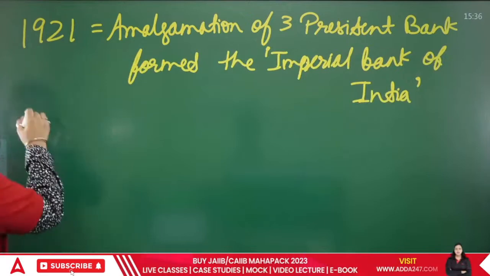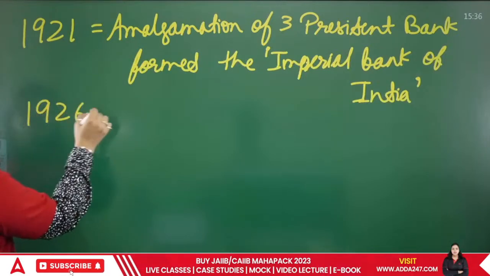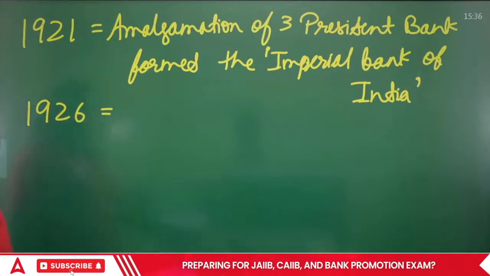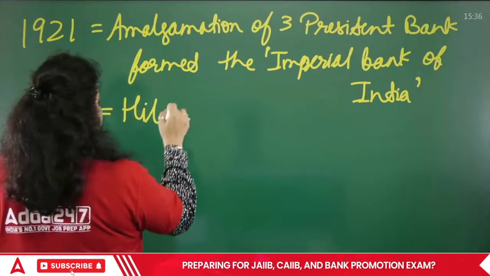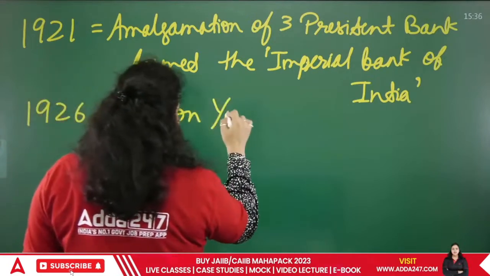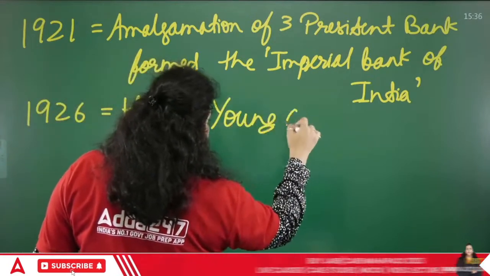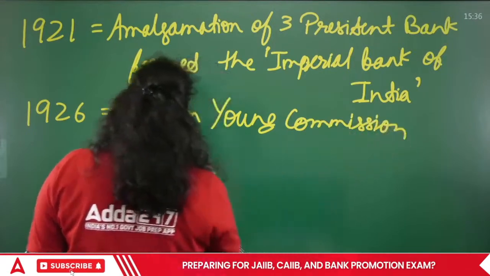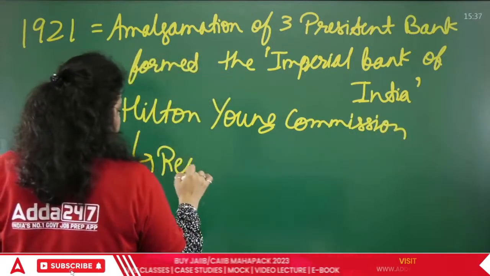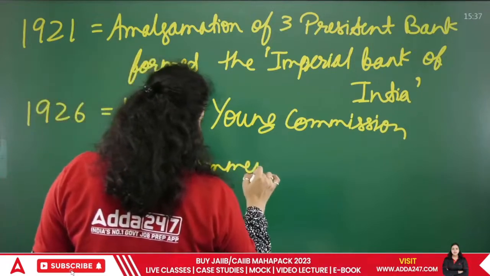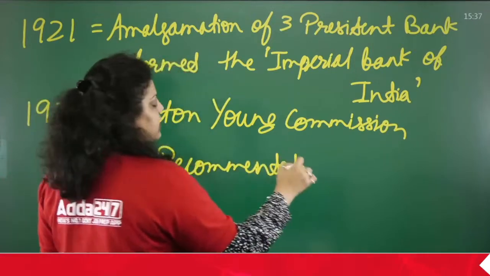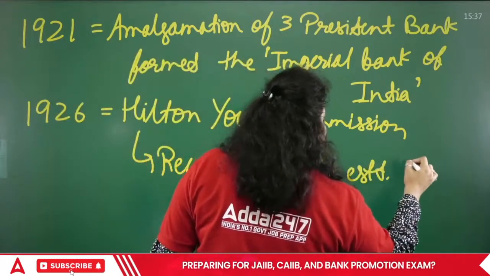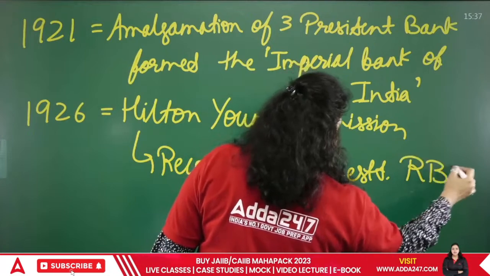After that, in 1926, it was the first recommendation of the Hilton-Young Commission. The Hilton-Young Commission is also known as the Royal Commission on Indian Currency. So the Hilton-Young Commission here recommended establishing the central bank, to establish the RBI.